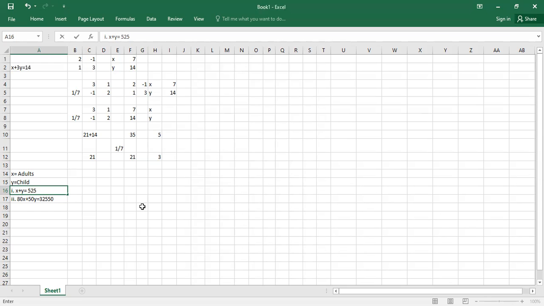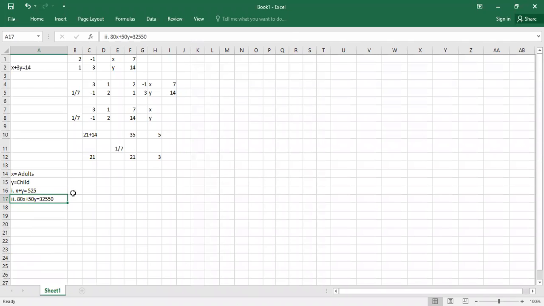To mean that every ticket sold to an adult and a child totaled 525. So that is the first step.